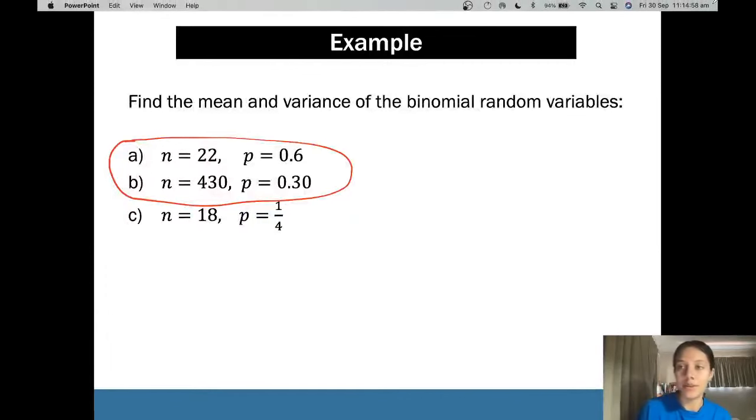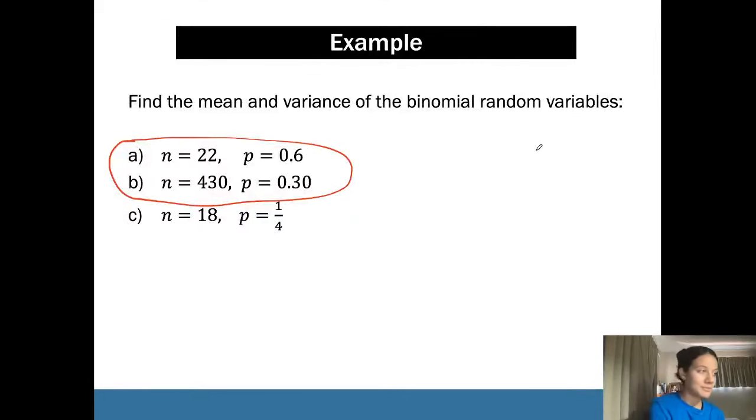I'll probably give it maybe another minute, and then we'll have a look at the answer together.